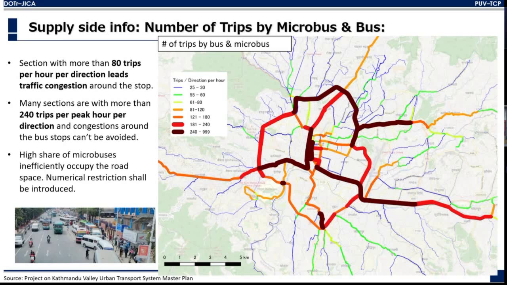Maybe the TCP or the technical cooperation project can further supplement those initiatives, not just on the plan for the entire region, but also on the other projects that the DOTr is currently conducting and initiating.